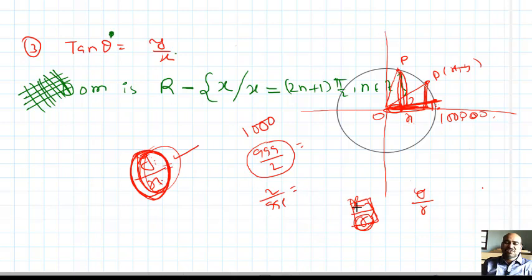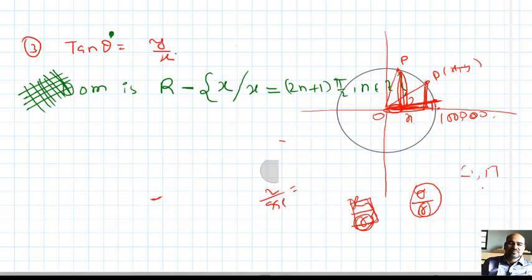In the sine function and cosine function, input is not restricted, but output is restricted. The y by r value lies between -1 and 1 only, because r is greater than y only. Here x may be greater than y or x may be less than y, depending upon the position of theta. That is why y by r is any real number. The range of the tan function is all real numbers.